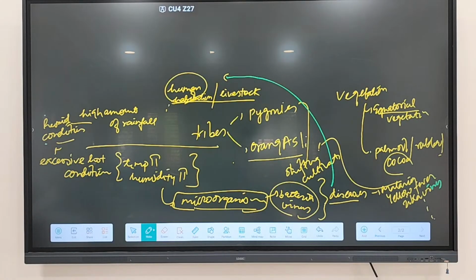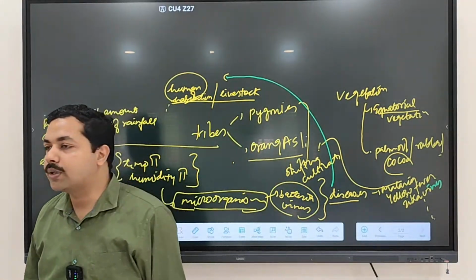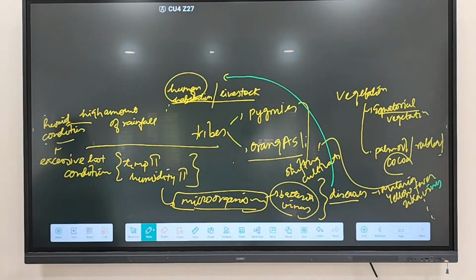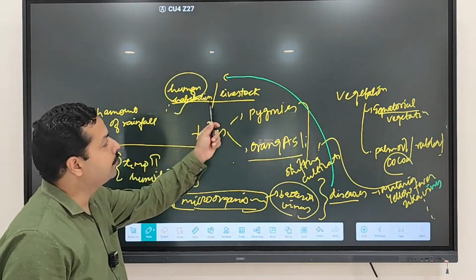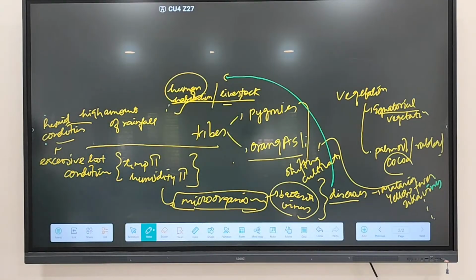So the high humidity and high temperature lead to the development of various microorganisms. It can lead to the spread of many diseases, bacterial diseases, malarial diseases, or viral diseases, and that's why it is not suitable for human habitation or even livestock. Livestock means cattle and other animals.